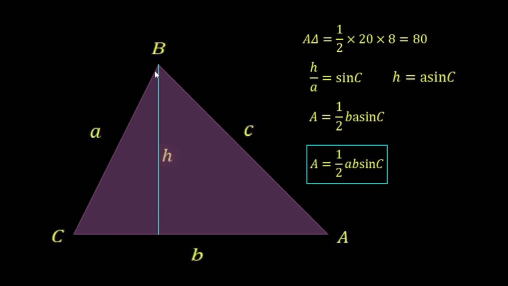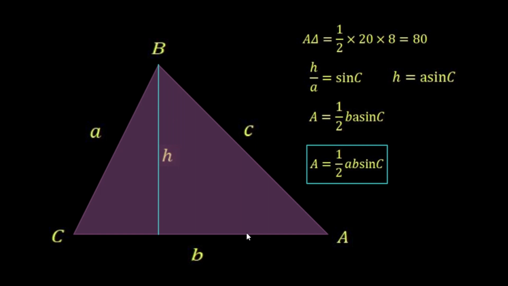So this is also going to work if we're given the length a and the length c and the angle B, or the length c and the length b and the angle A.